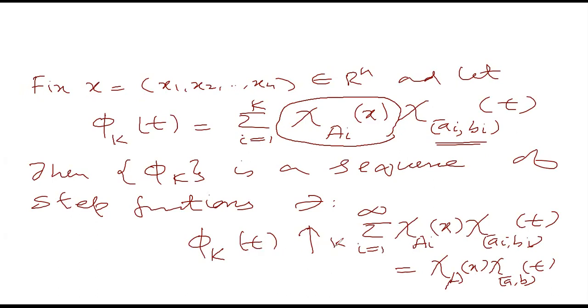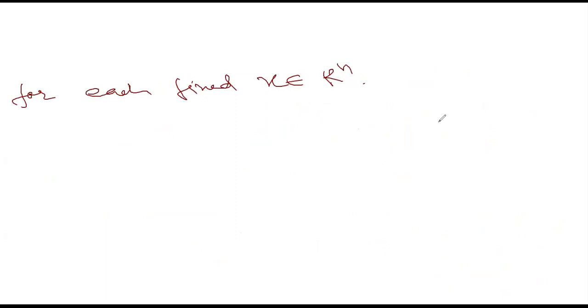But now if you vary the x and fix this t, then you have this summation i runs from 1 to k of chi Ai(x), which is the characteristic function of a subset of Rn. And this, I want to say, is by induction.